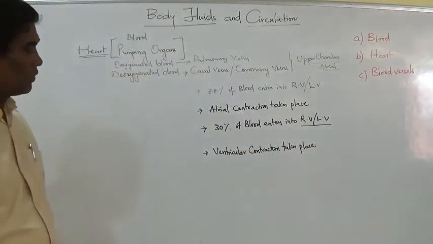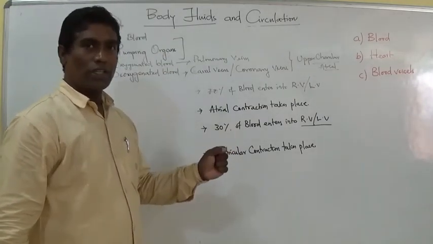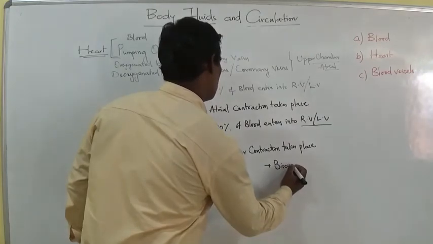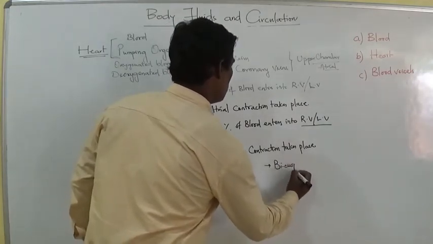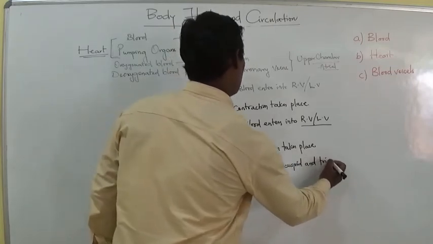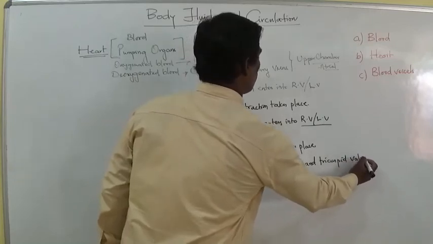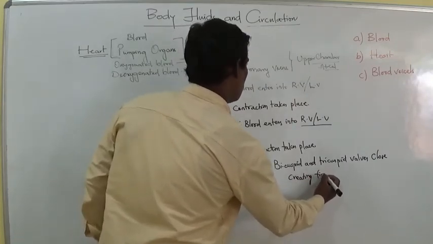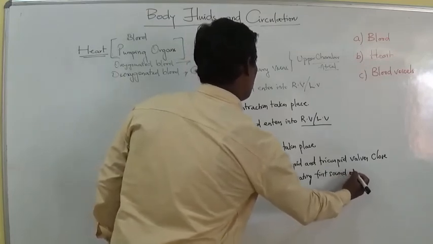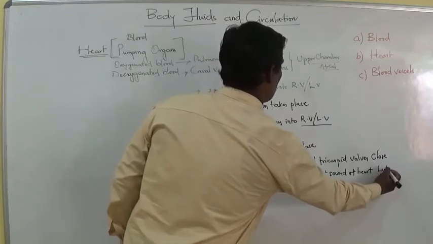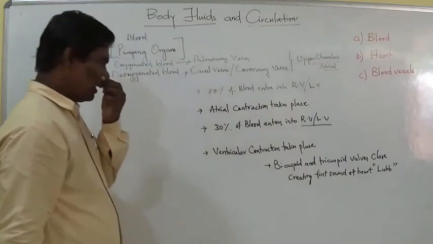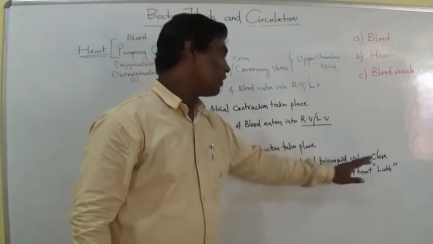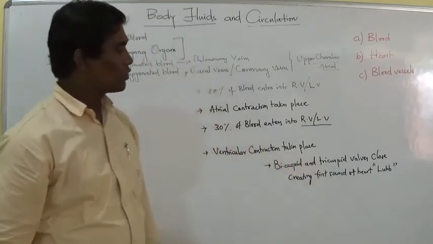At the starting of this ventricular contraction, the bicuspid and tricuspid valves close, creating the first sound of the heart, that is called as lub.